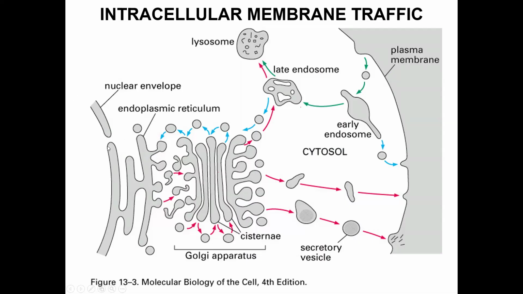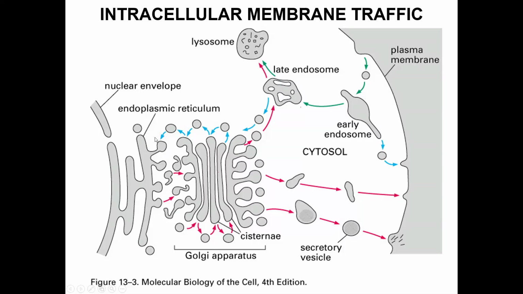This would be the nuclear envelope, and the endoplasmic reticulum actually continues the nuclear envelope, and the endoplasmic reticulum is formed of membrane tubes and membrane cisternae that are connected with each other.